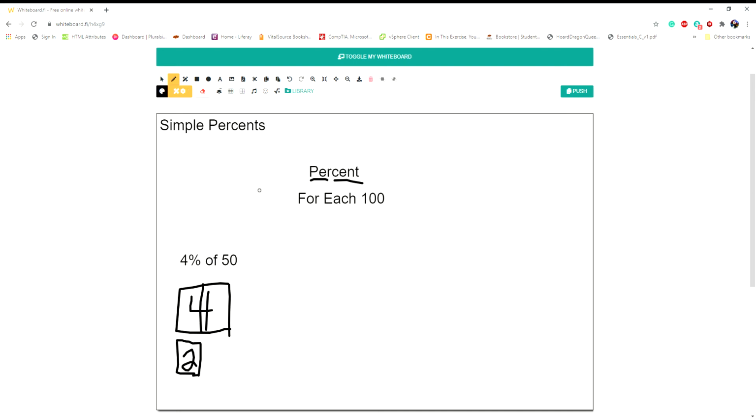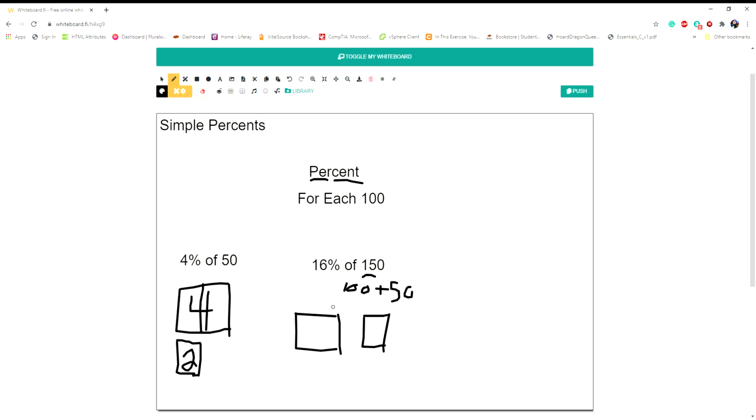Let's try it with another problem. Let's say 16% of 150. Let's break it down. I have a 100 and a 50, because I can break this apart into 100 plus 50. So when I draw my boxes, I can have a whole 100, and then I'm going to draw half a box.